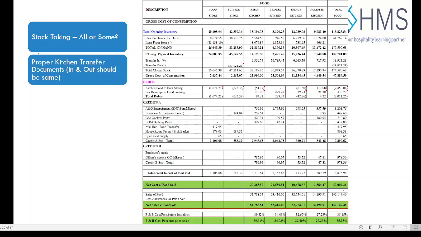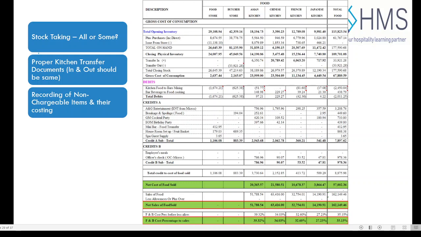And then proper kitchen transfer documentation is important. Otherwise, the cost will not be able to transfer from one kitchen to another kitchen, and it will not be correct. Then non-chargeable items are important to record. Systems usually give you the entertainment, the maison checks, or the staff use checks, and then you normally take an average food cost, and use that same average food cost to transfer.